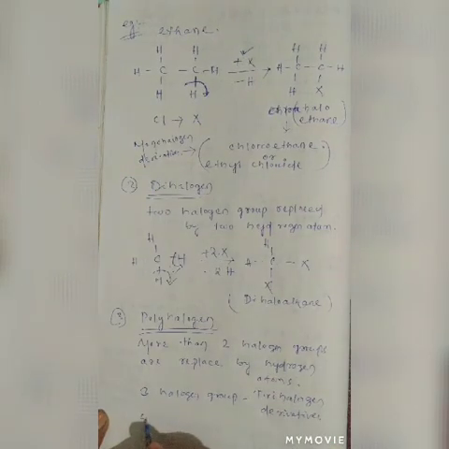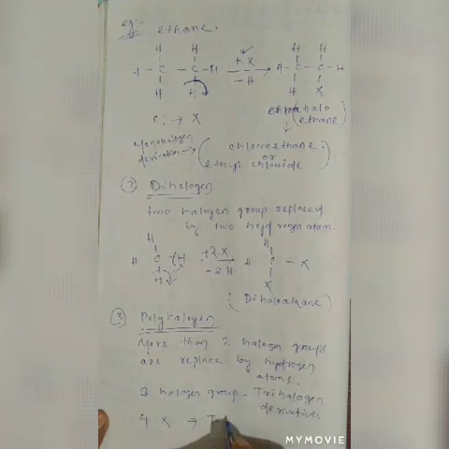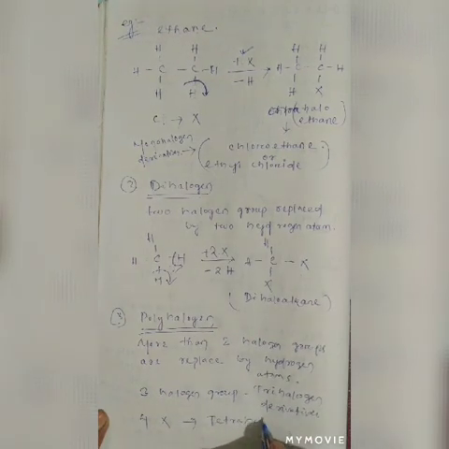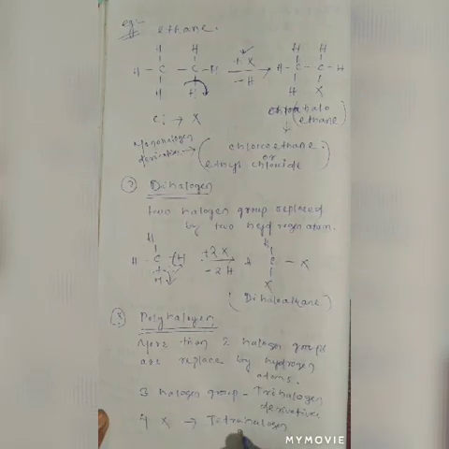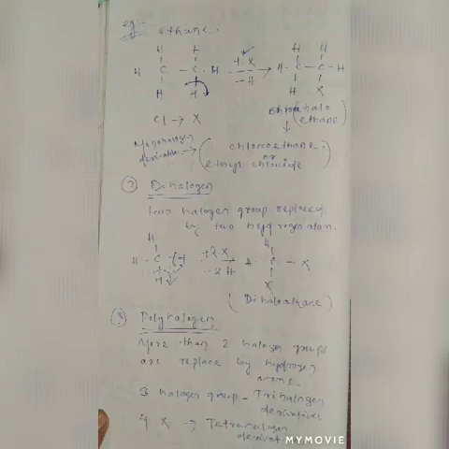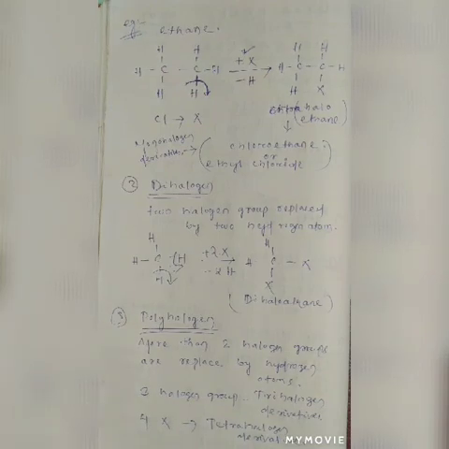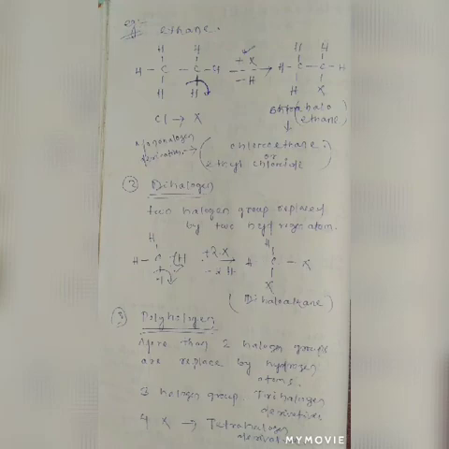And if we replace four halogen groups, then it is a tetrahalogen derivative. Now all of you understand what dihalogen, tetrahalogen and monohalogen derivatives are. This is under the classification of monohalogen, dihalogen, trihalogen and tetrahalogen derivatives.